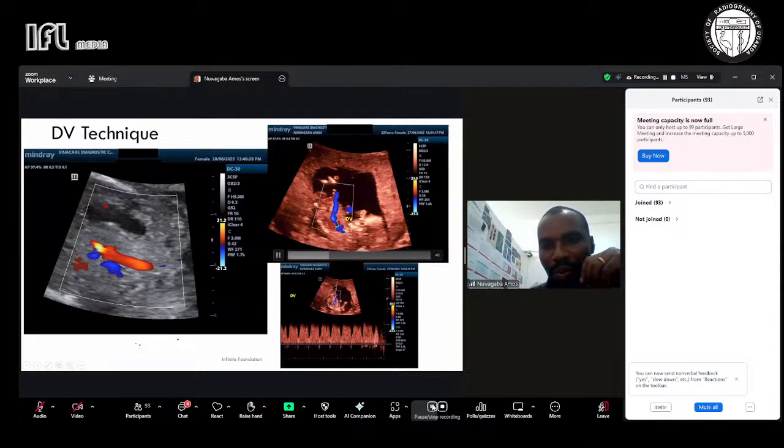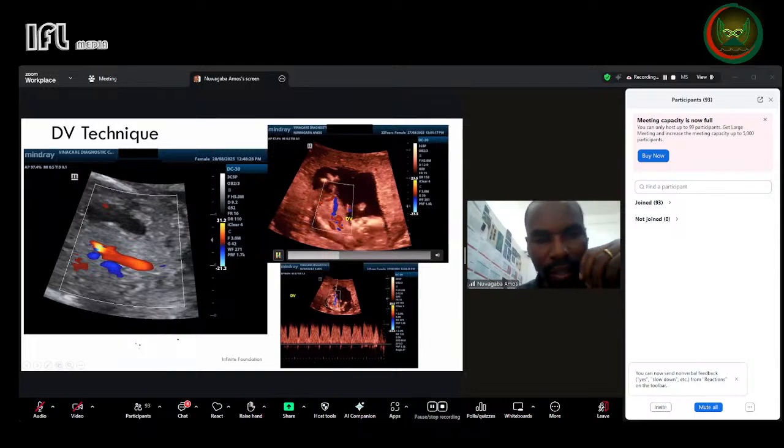You want to sample when the fetus is at rest, what we usually call fetal quiescence. In this image, the fetus keeps jumping up, and you want to be patient after identifying the vessel that you are interested in. When you activate the spectral Doppler, you want to be patient and take the sample when the fetus is at rest.